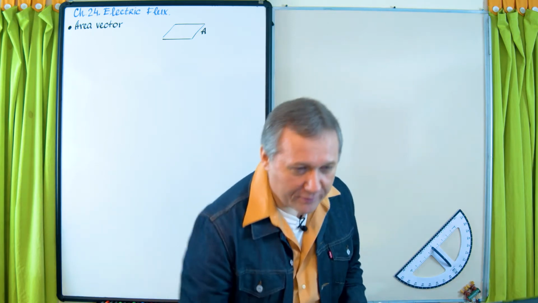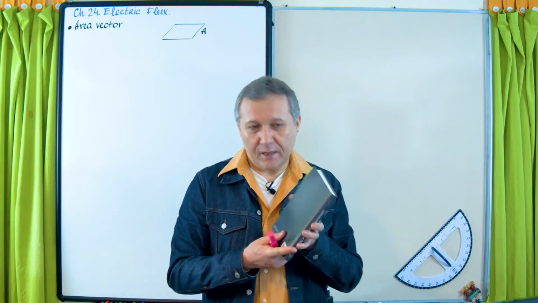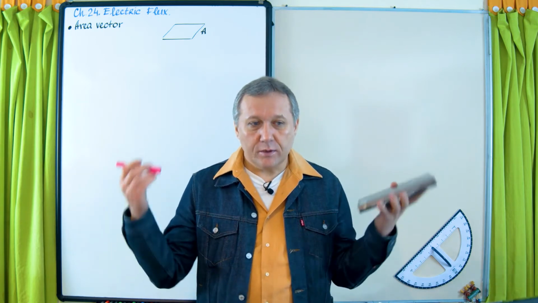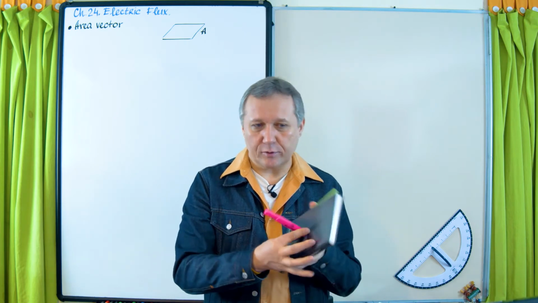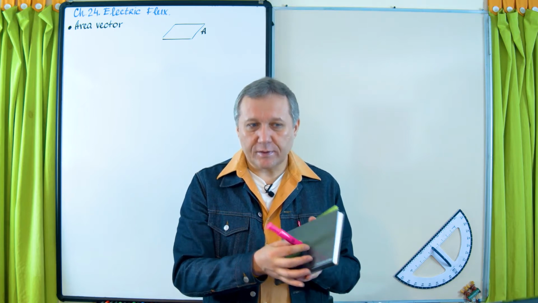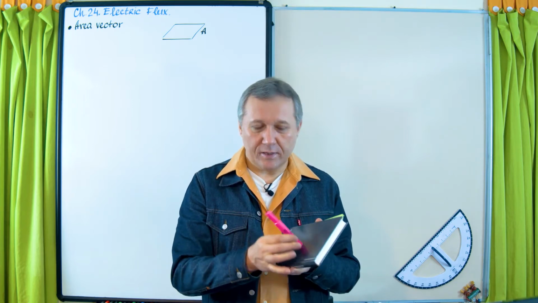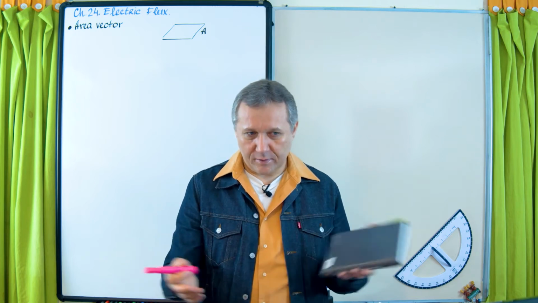So the idea behind this area vector is very simple. If you have a surface, any surface, the area vector by definition is all the time perpendicular to the surface, and the magnitude of this vector equals the area of this surface. As simple as that.